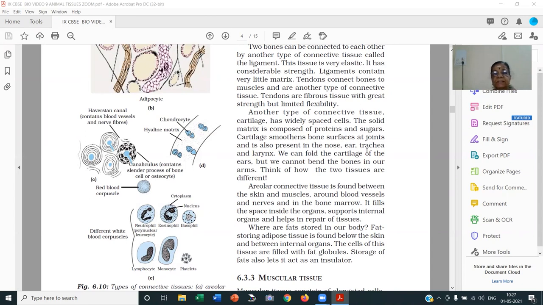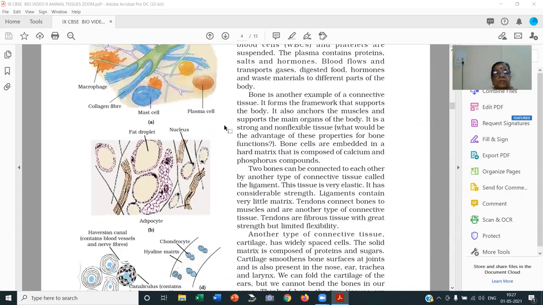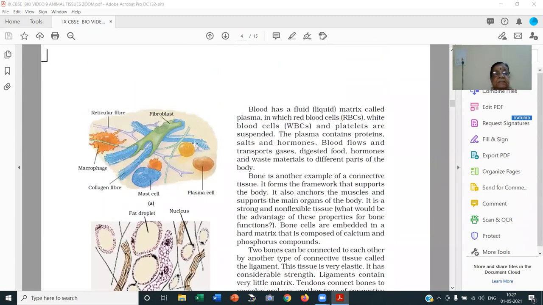It fills the space inside the organs, supports internal organs, and helps in repair of tissues. I hope you understand. So this is connective tissue proper, where we are learning about areolar tissue. As I said earlier, this diagram is good. You can practice this diagram for the test.